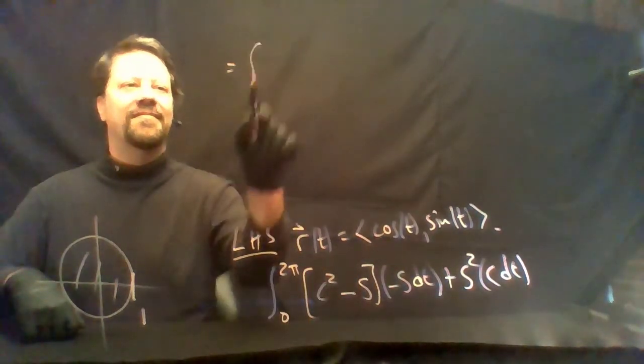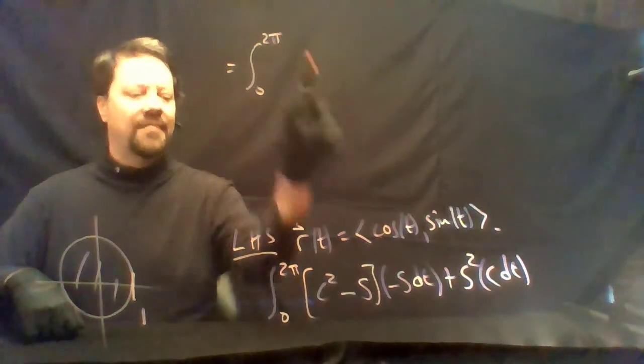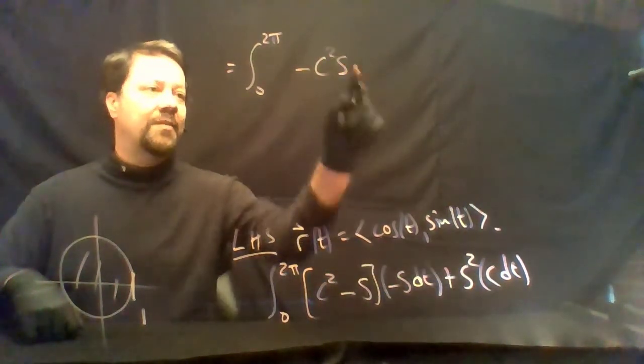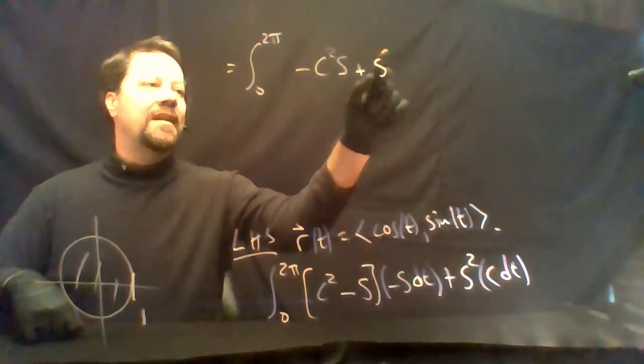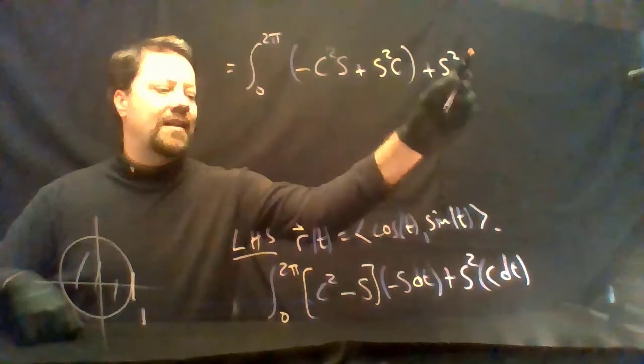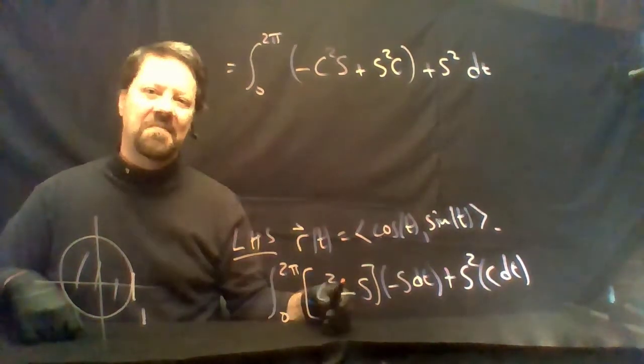Distributing, we'll have minus cosine squared sine and plus sine squared cosine, and then plus sine squared dt.